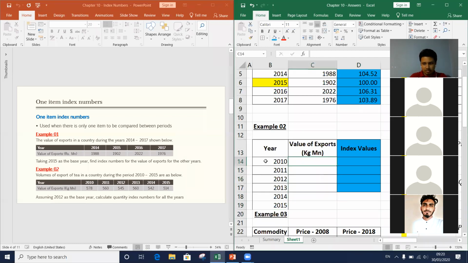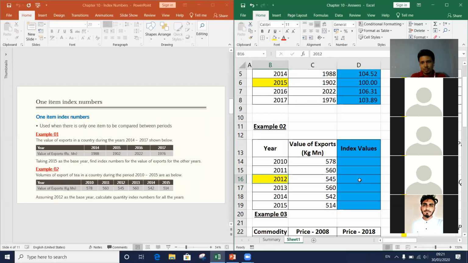For 2010, 2011, 2012, the values are 578, 560, 545, then 560 again, 542 and 540. These are the values. The base period is given as 2012.